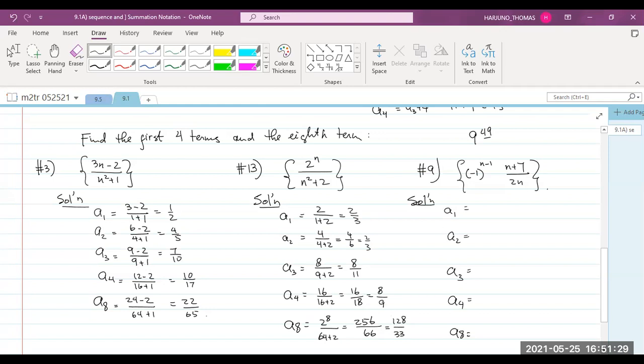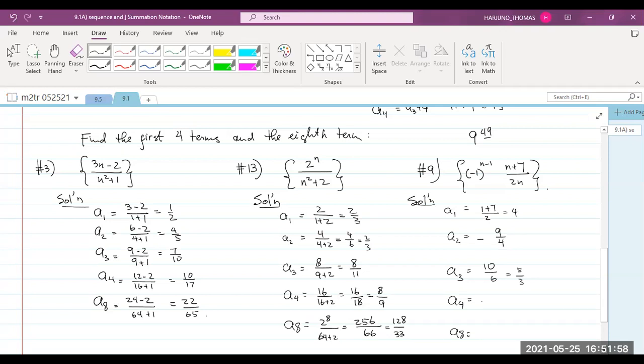Okay, this one here, I hope you see that the sign alternates. In this case, it will be positive 1 plus 7 over 2 times 1, or let me just use 2 instead. So that's equal to 4, and then negative 9 over 4, and then positive 10 over 6, that's 5 over 3.